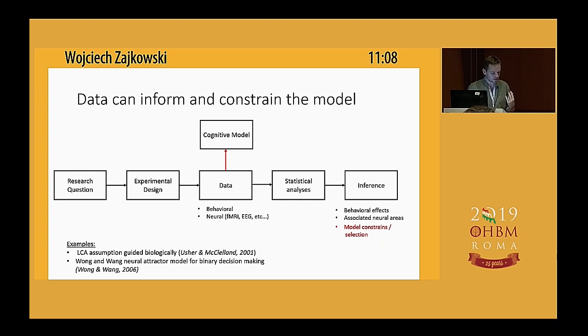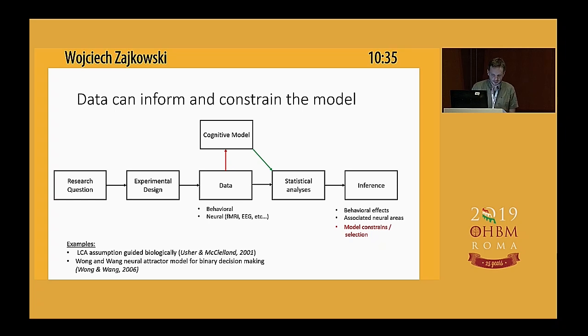You can also be more stringent, and evaluate the parameters of the model on a neural level. So you have a model which assumes that parameters are estimated on the level of the brain. Then you can again perform a myriad of statistical tests and analyses, and what you can come up with is a biologically realistic model of the underlying behavior, which in this case would be the goal: to build a realistic model.